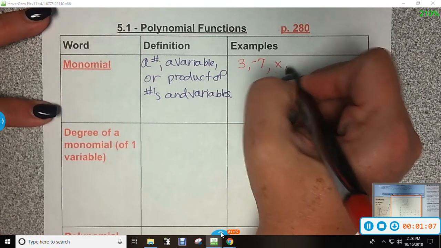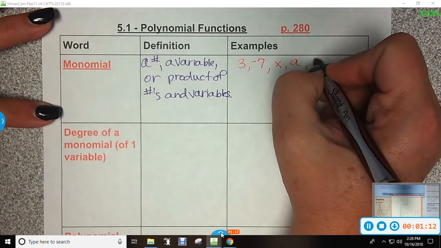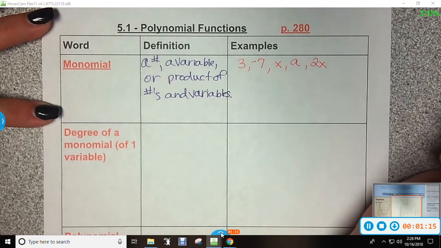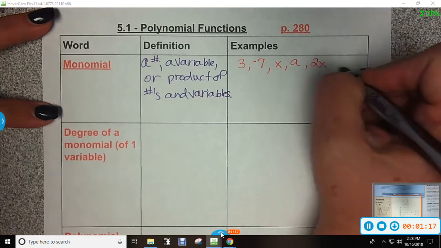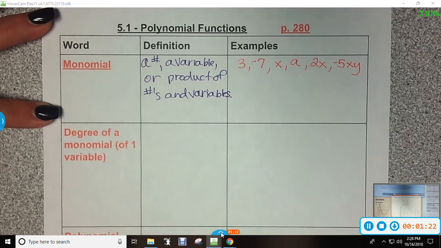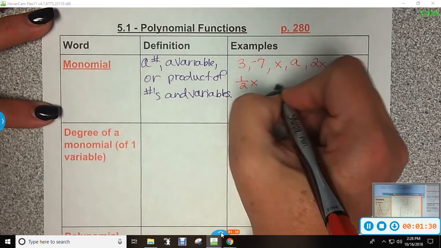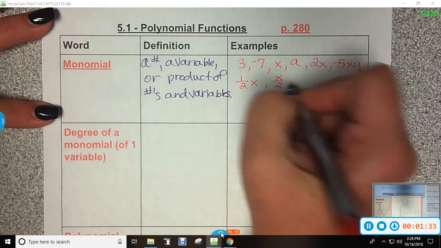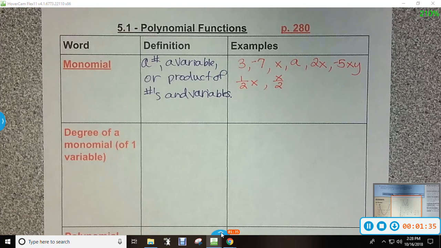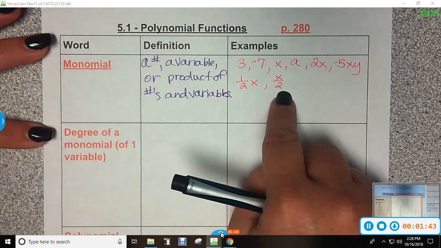X and A are variables, but you could use any letter. 2x is the product of a number and a variable. -5xy, that's the product of a number and more than one variable, but it is still a monomial. 1/2 x and x over 2, those are all examples of monomials. These two things right here, 1/2 x and x over 2, mean the exact same thing. They're just written differently.